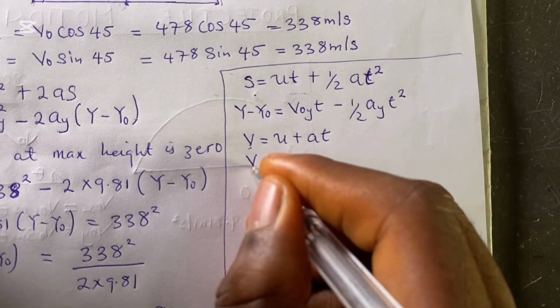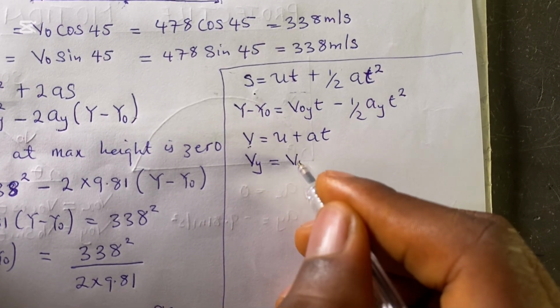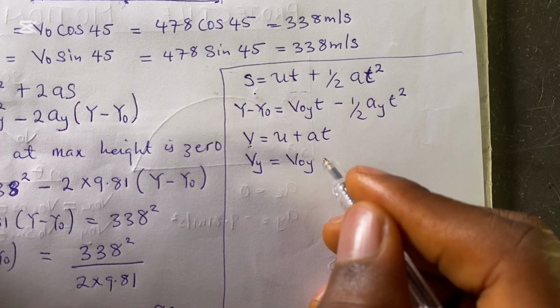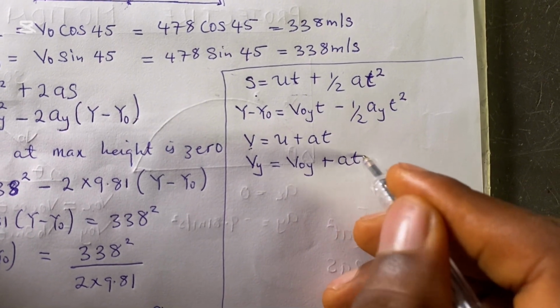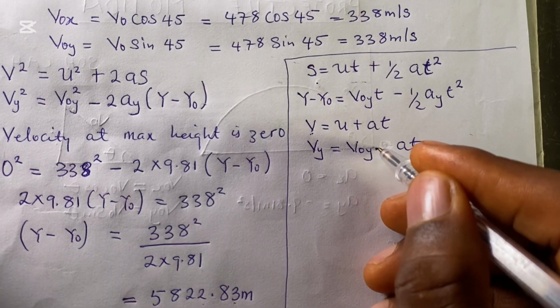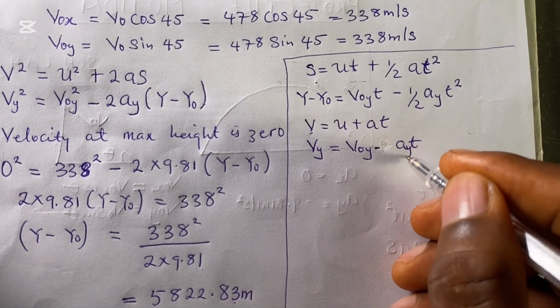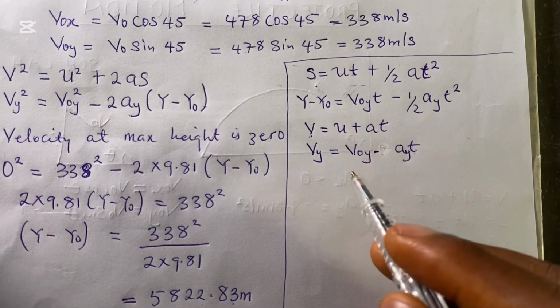So we write v_y equals v naught y plus at. So using the first equation, v naught y minus, remember a_y is negative, so that's why you have minus here, at. So let's try to find the t to reach the maximum height.